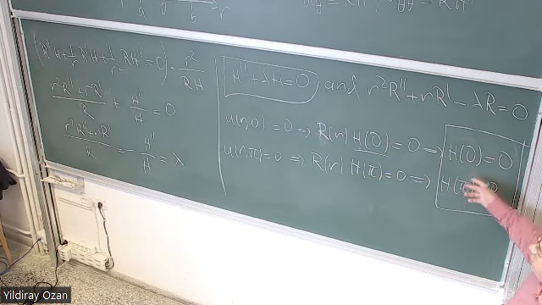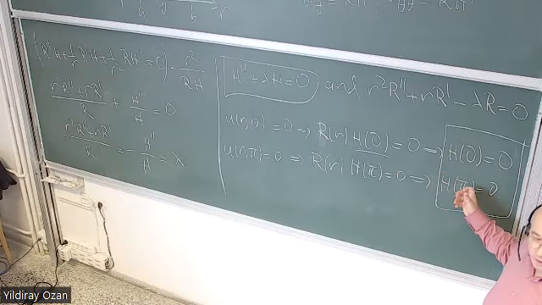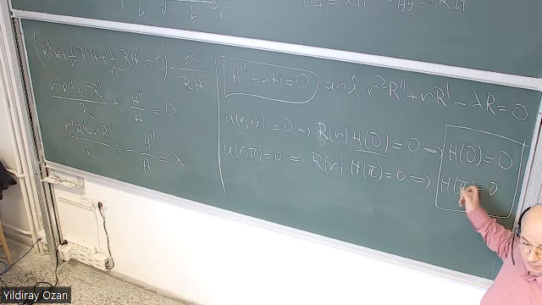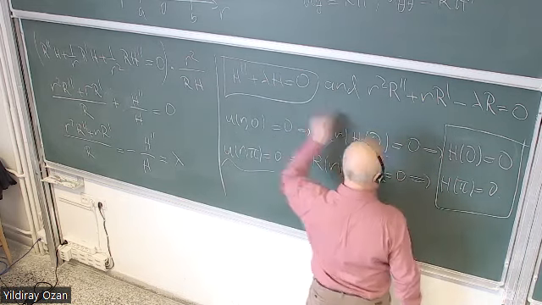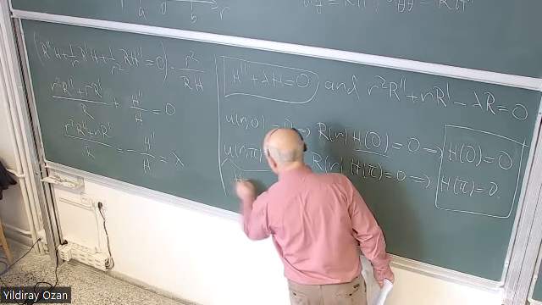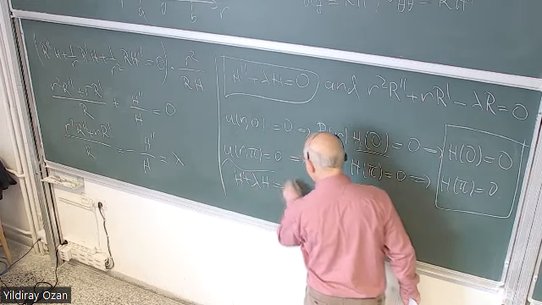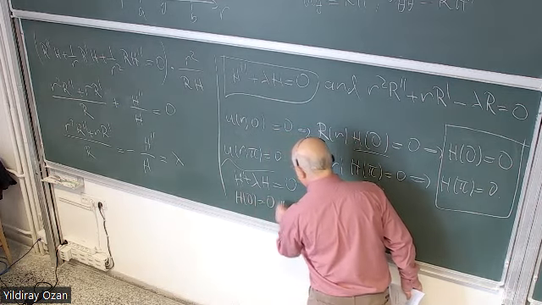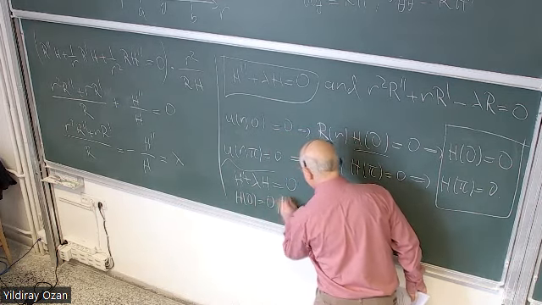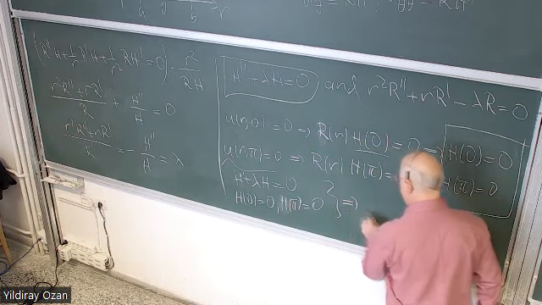This is the same equation we had in the heat equation for the x variable. And the only solution of this is that, so this equation, h double prime plus lambda times h equals 0, together with these boundary conditions imply what?